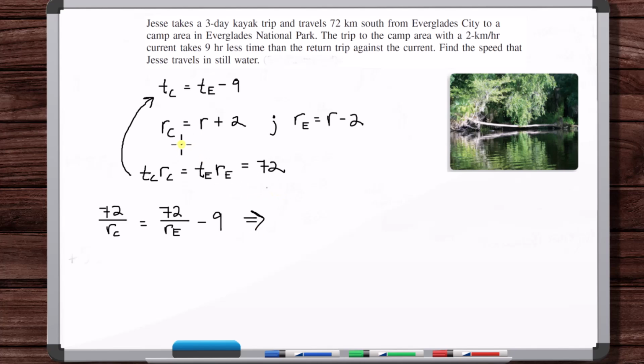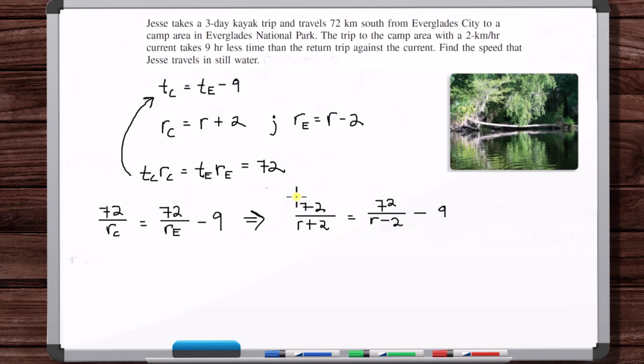Now let's substitute in RC and RE. So 72 over R plus 2, and then 72 over R minus 2. Okay, and there we go. Now we just need to solve this rational equation.